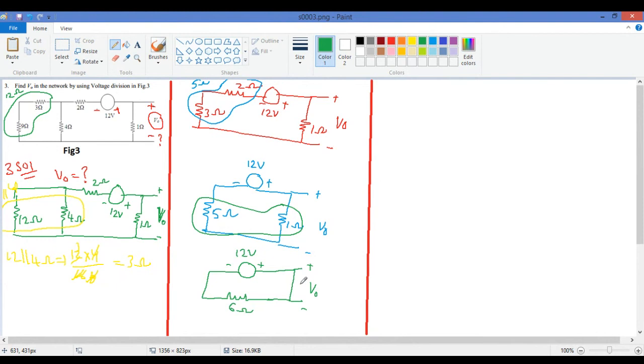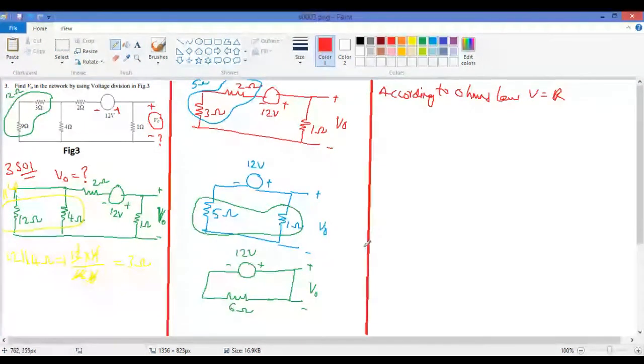So for finding V naught, we need the formula. We have V and R. According to Ohm's law, V is equal to IR.